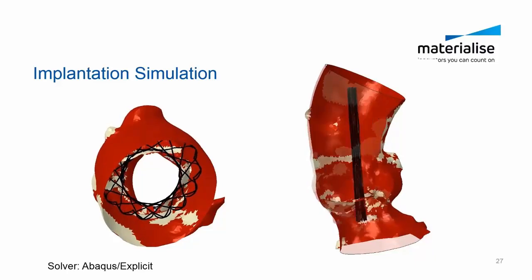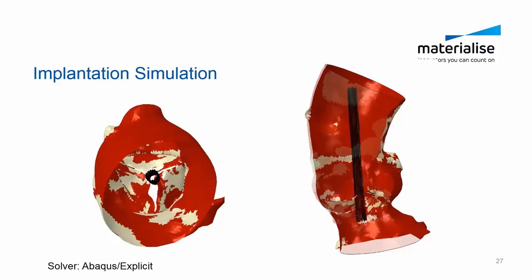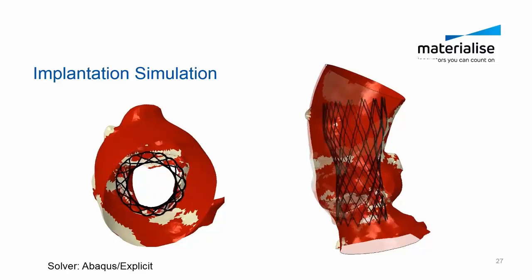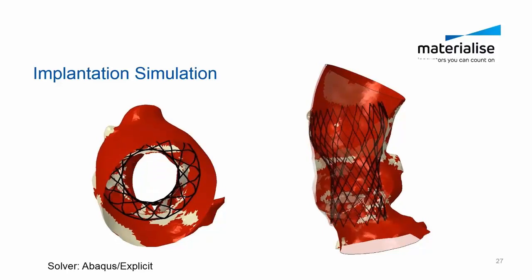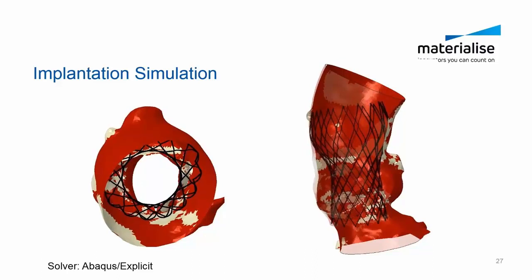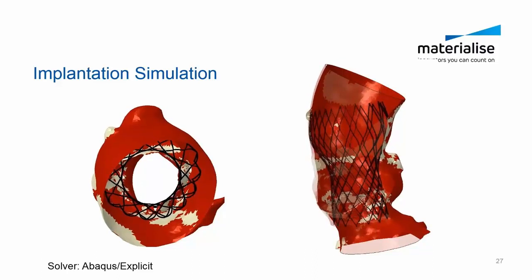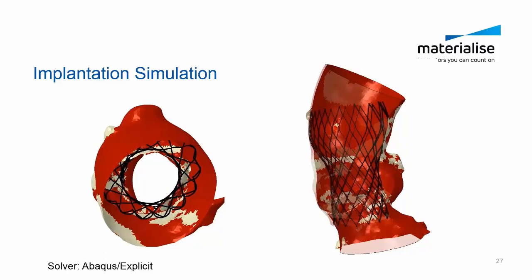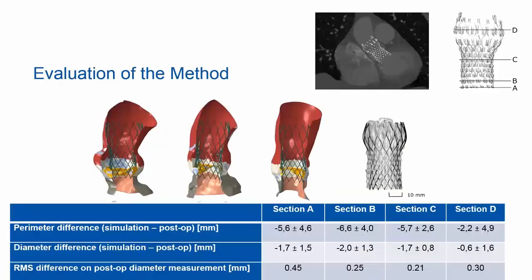We also did the same with the bottom nodes at the end. The stents, by the way, are beam elements, and derived from a micro CT of a 29 millimeter CoreValve.